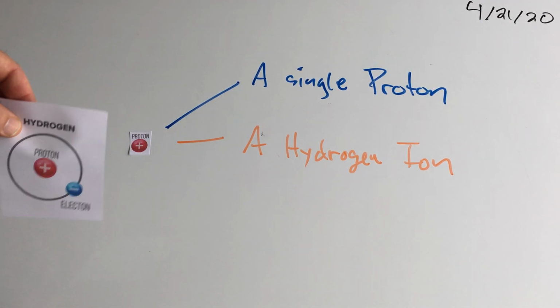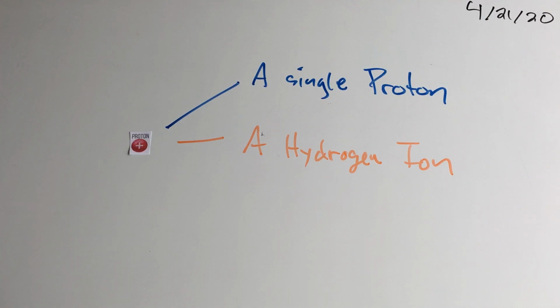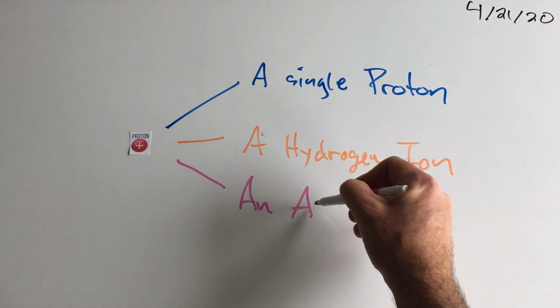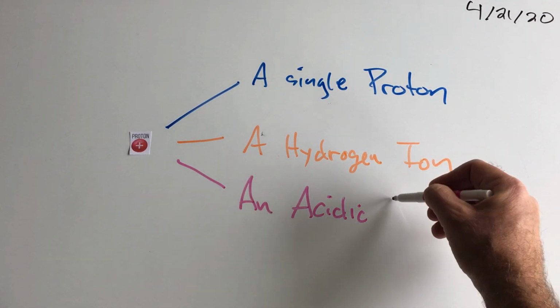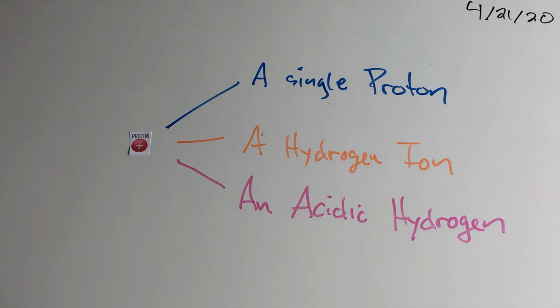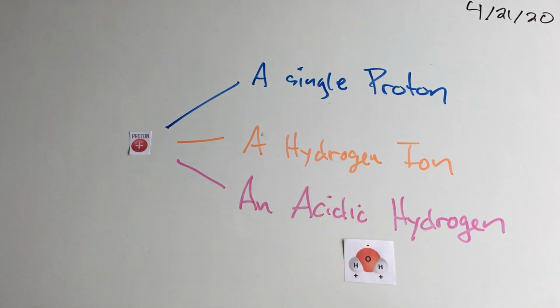Ding! That looks the same, except it doesn't have an electron. Or a single proton out in the universe, all alone in the world, is also called an acidic hydrogen because it will stick to water because it has a charge.